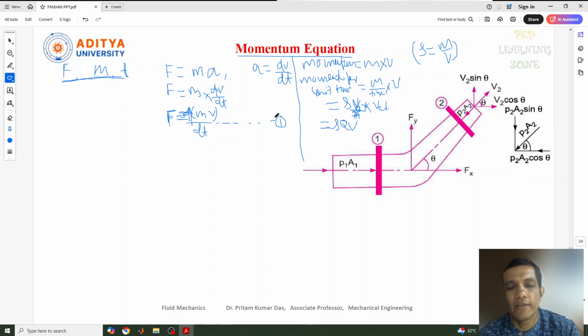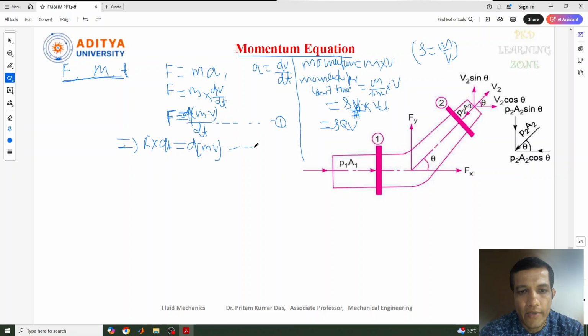And this equation is known as the momentum principle. From here we can write one more thing: F into dt equals the derivative of mass into velocity.